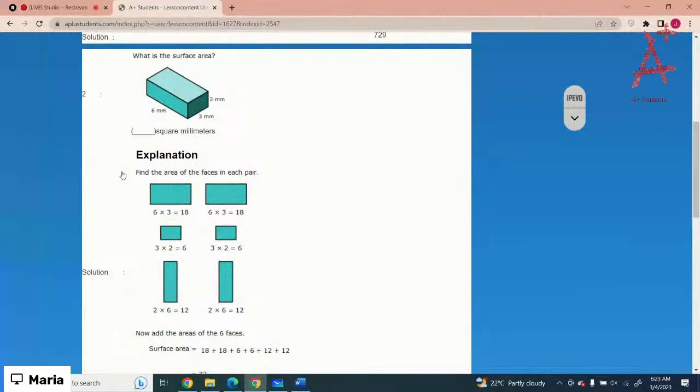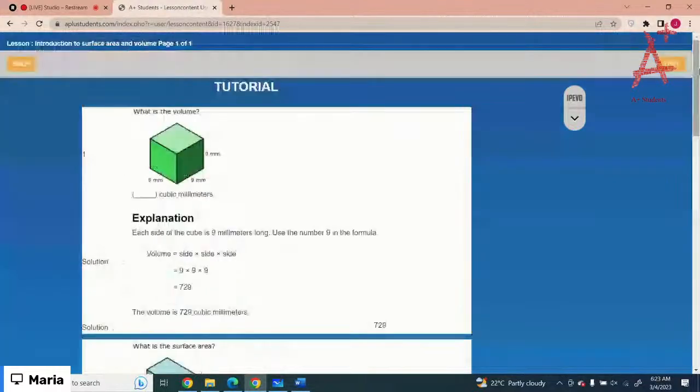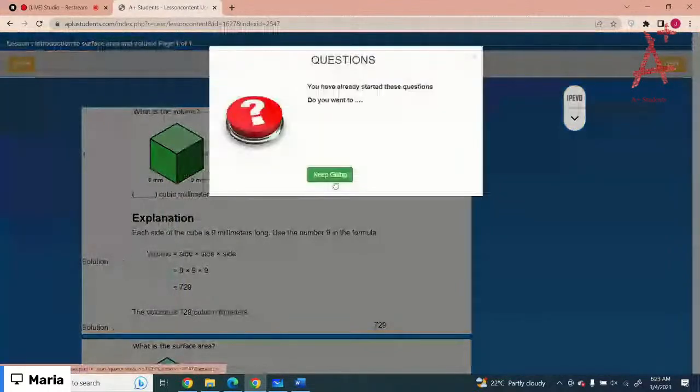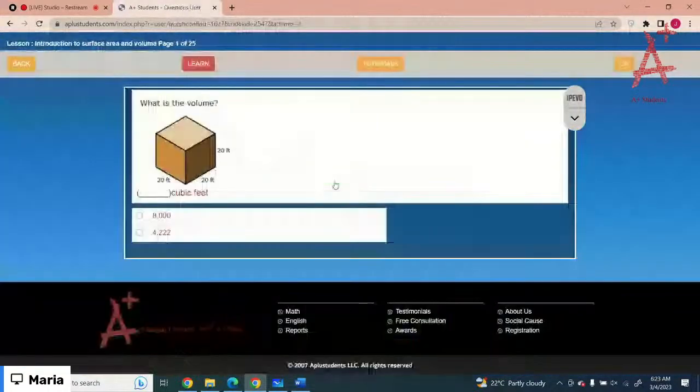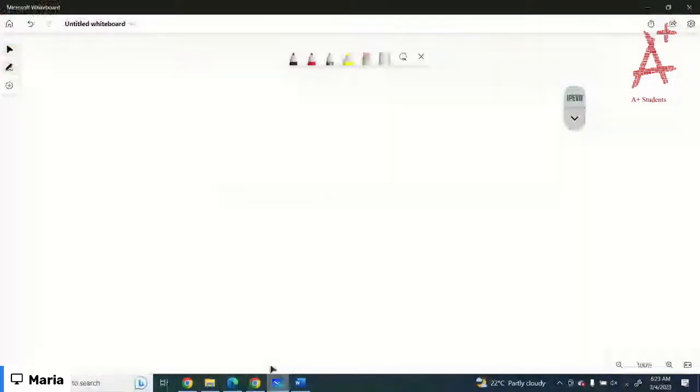Let's just start with the practice questions. Okay, what is the volume? The side lengths are 20 feet.